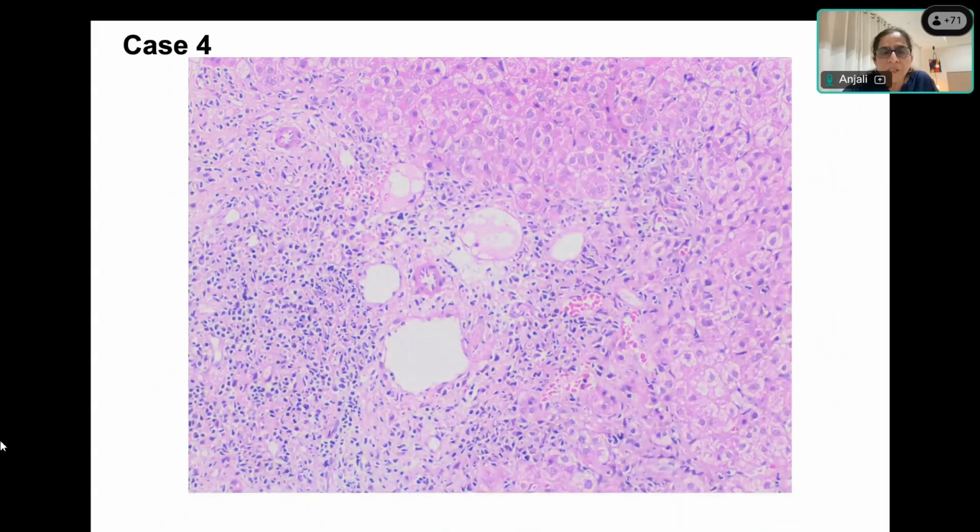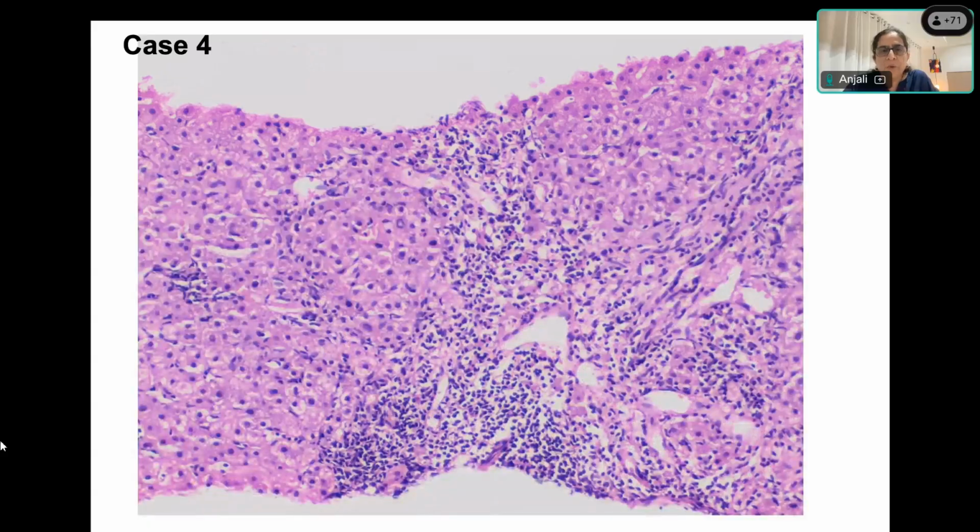In this portal area, if you see carefully, you can see a vein, you can see an artery, but I can't see a good bile duct here. So this is disappearance of bile duct. This portal area also is not showing a bile duct.